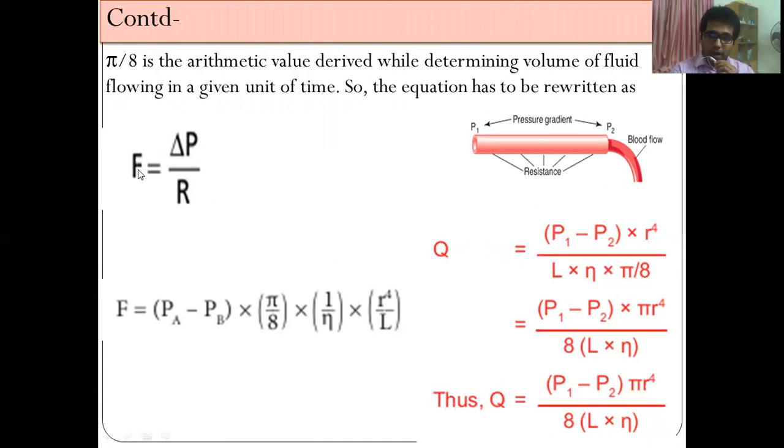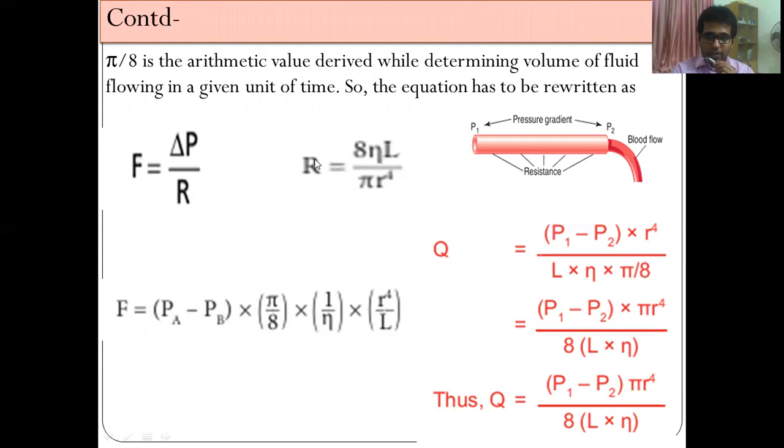The flow of current, you can calculate by dividing the potential difference by the resistance. Okay, so the resistance is equal to del P by F, and if you put the value of F here, you will get the value of resistance.